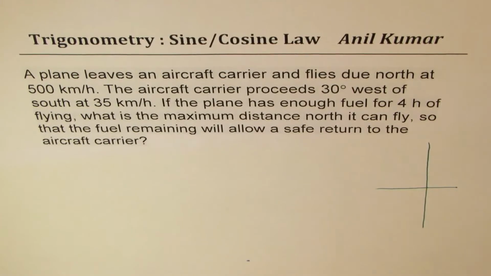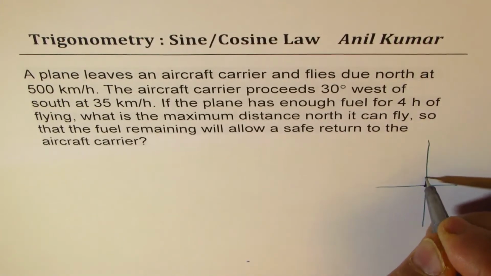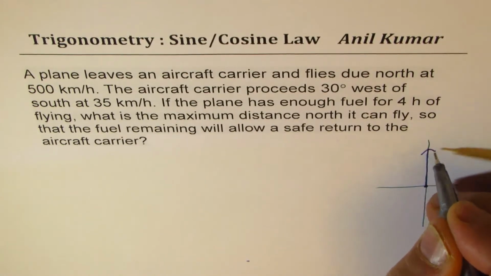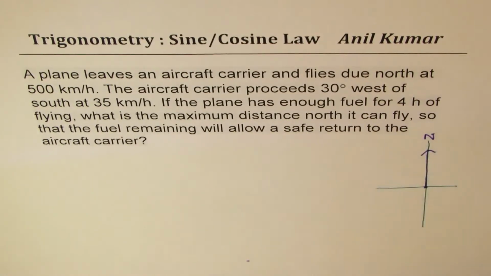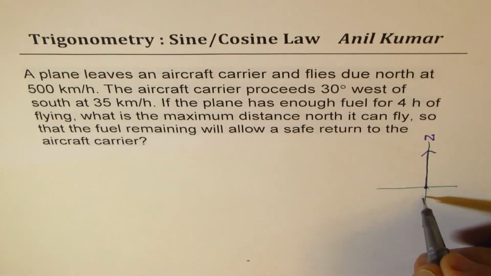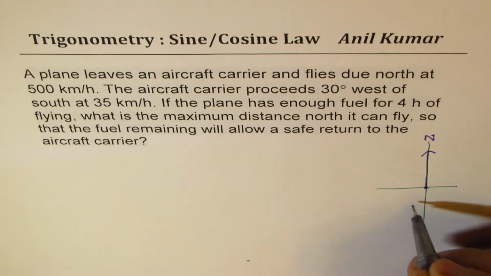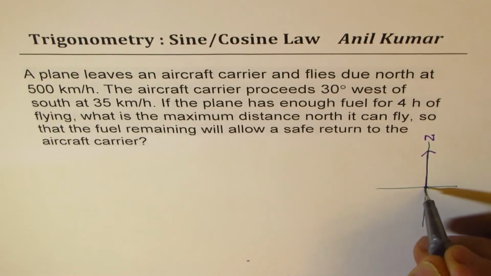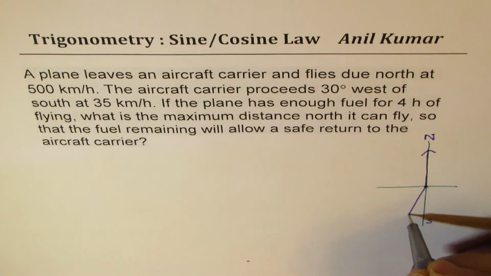So the plane is flying north from the carrier, which is here. Let's say that is the direction north for us. And the aircraft carrier moves 30 degrees west of south. So this is south, and 30 degrees west of south means in this direction, correct?